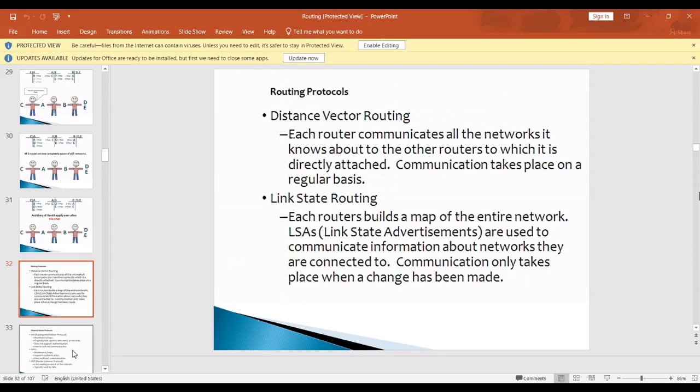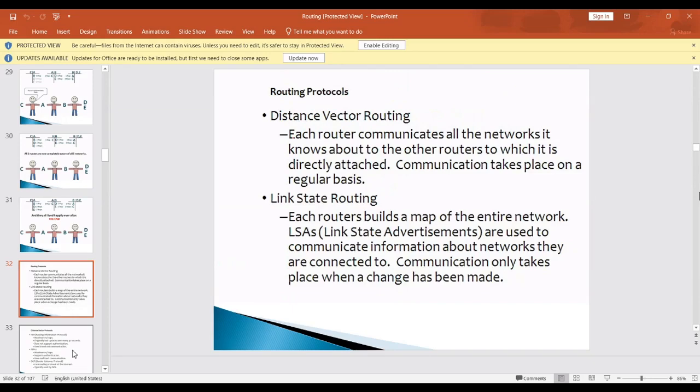In link state, how does it happen? Each router builds a map of the entire network. This kind of thing does not happen in distance vector, right? There, he knows only the directly attached networks. But in the link state routing protocol, each router builds up a map of the entire network. That means he doesn't need to communicate on a regular basis. Why?